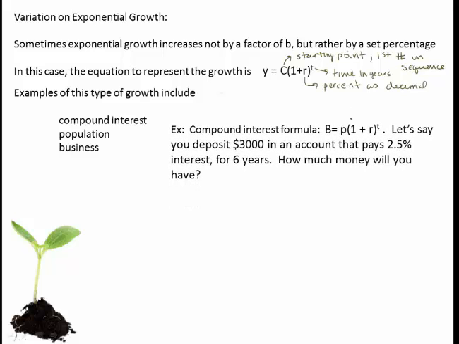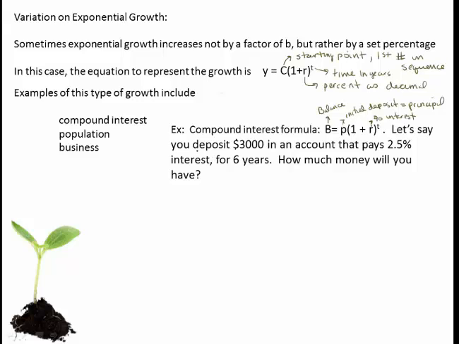So when we have our compound interest formula, B is our balance. C was our starting point. Well, in this case, it's our initial deposit, known as the principal. R is our percent of interest, and T is still number of years.